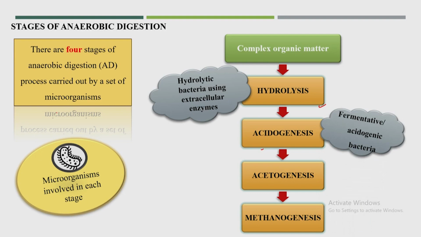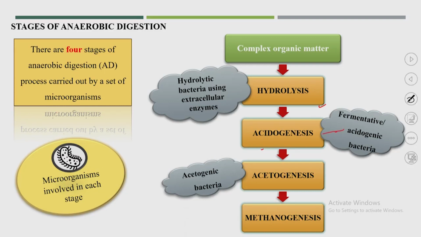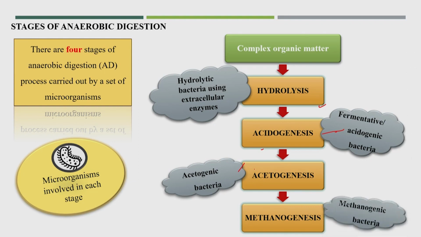In acidogenesis, fermentative or acidogenic bacteria work, and in acetogenesis, acetogenic bacteria. This group is called acid forming bacteria, and finally in methanogenesis we get methanogenic bacteria or methane forming bacteria.